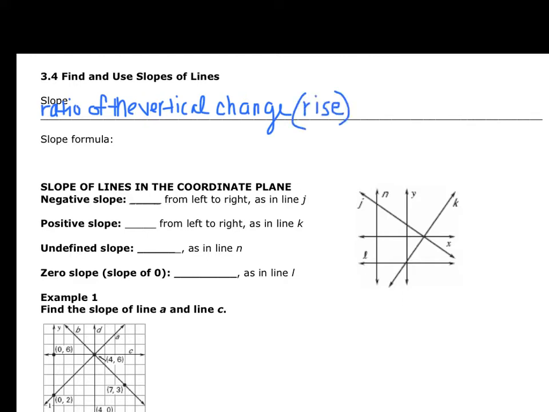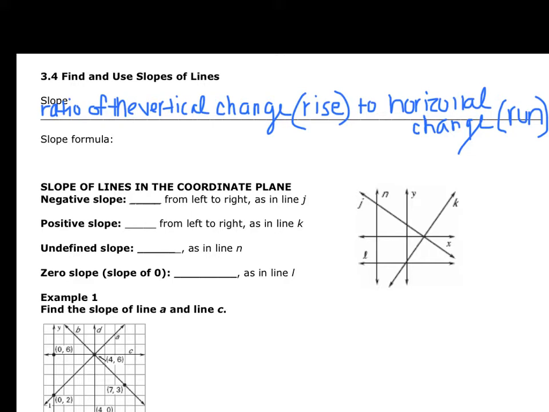So it's the ratio of the vertical change to the horizontal change. And the horizontal change is referred to as the run. So a lot of times you hear us say slope is the rise over the run. That's where it comes from.